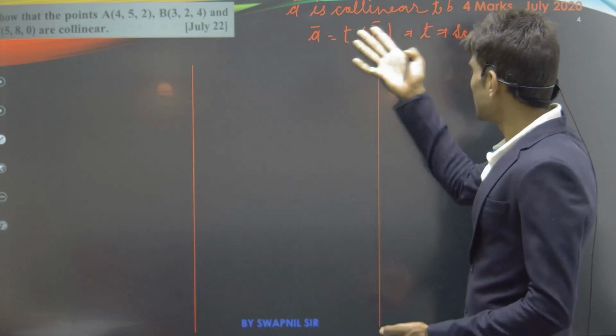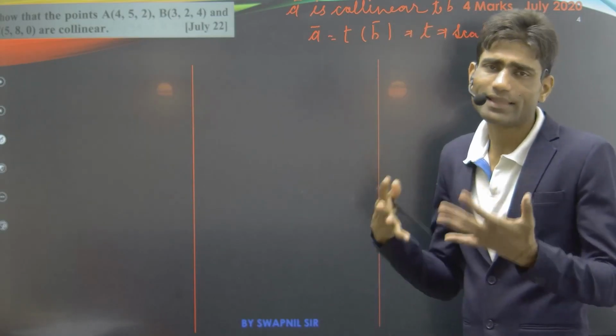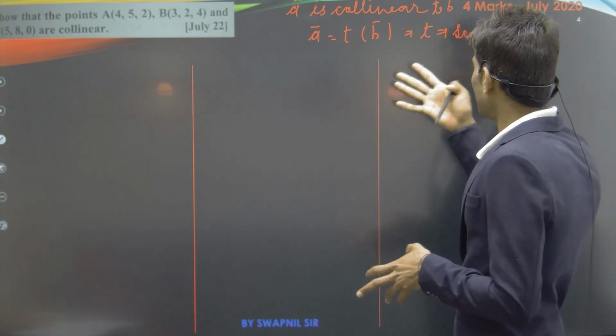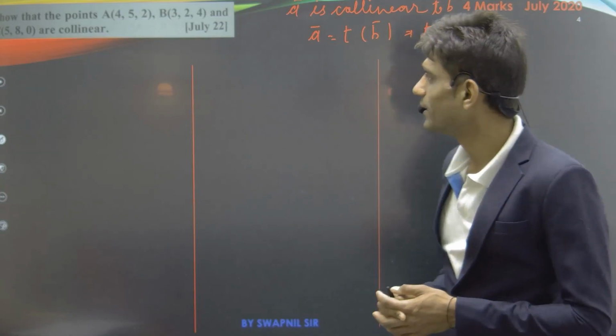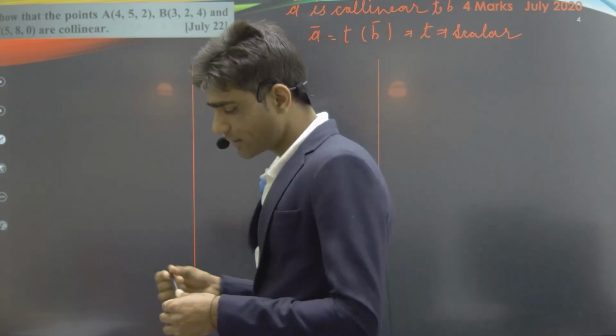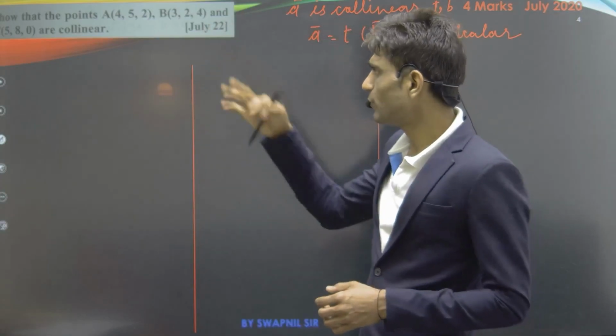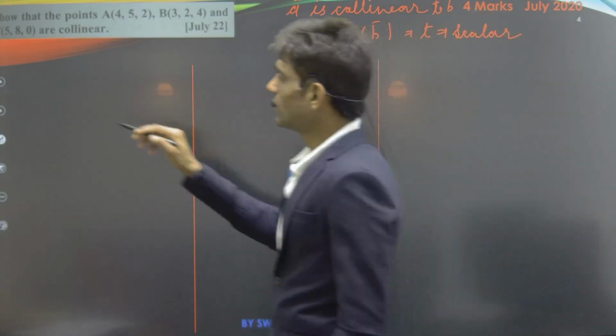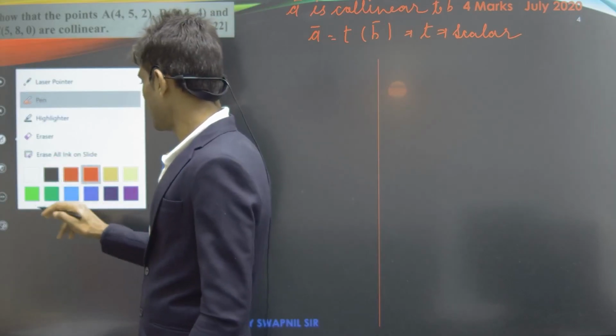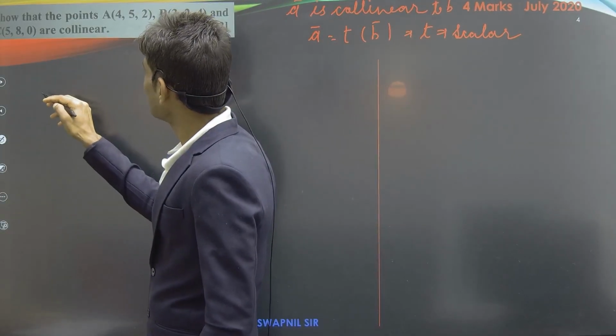Here we have two position vectors and they are collinear. That means one position vector can be written as some scalar multiple of another position vector. Now first of all, define the vertices.